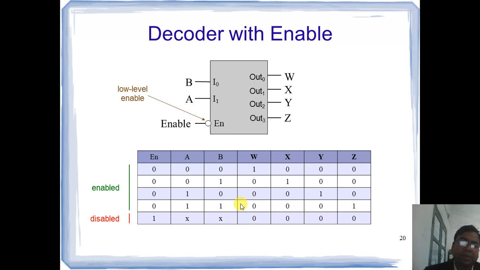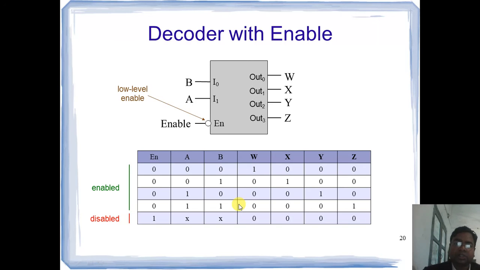We can also place an inverter here, which makes it the reverse: if the enable value is 0, then it will work, and if the value is 1, then it will not work. This is similar.